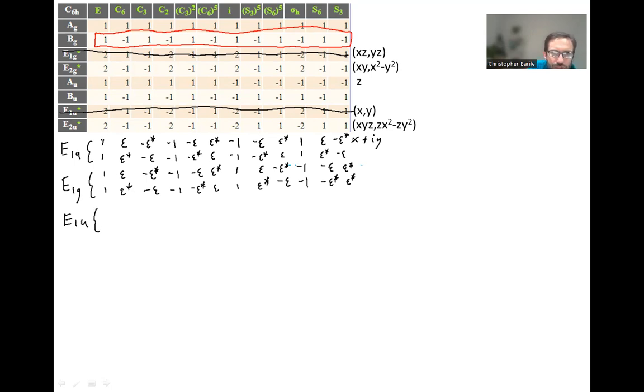If we do that, we just have to take the E1U components and every other time negate them. So in the beginning, they stay the same because we have a 1, and then we go negative of one another. So negative epsilon complex conjugate. Here we leave it alone. Here we go positive 1. So this is under C2. We can check here. We got a 1 + 1 = 2, so we're matching. So we're either getting E2G or E2U, but from our inversion logic with the Mulliken symbols, that's going to be E2U.